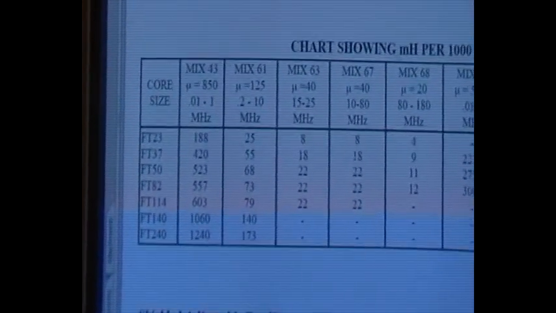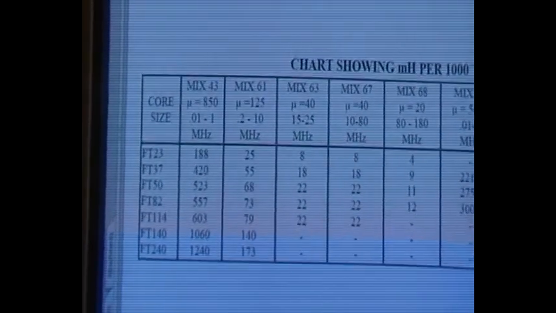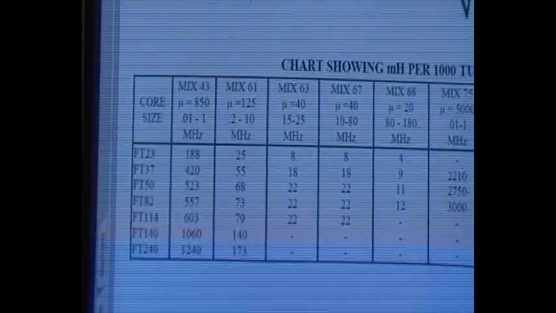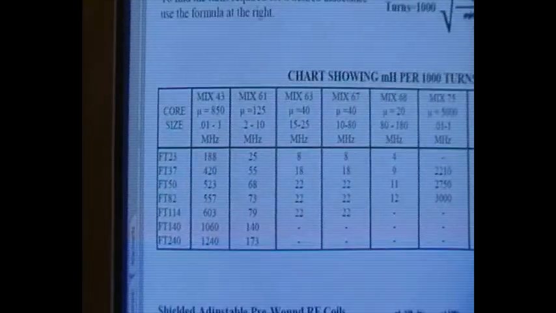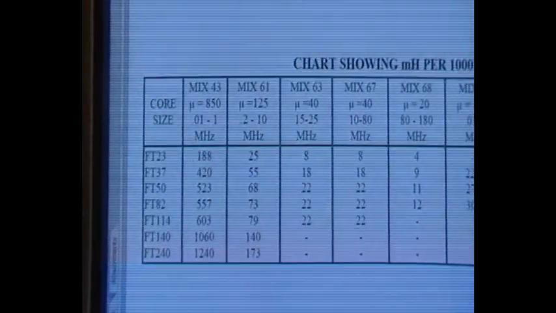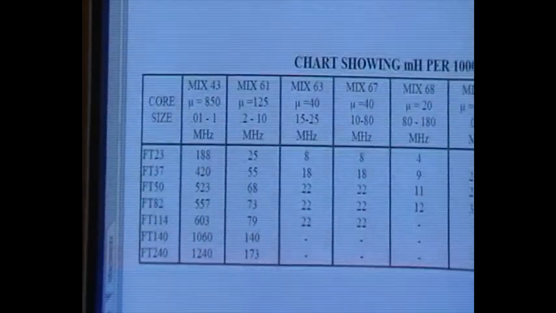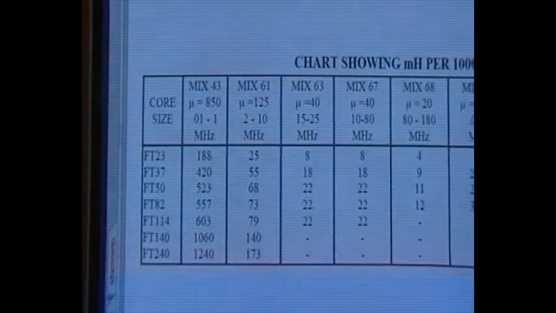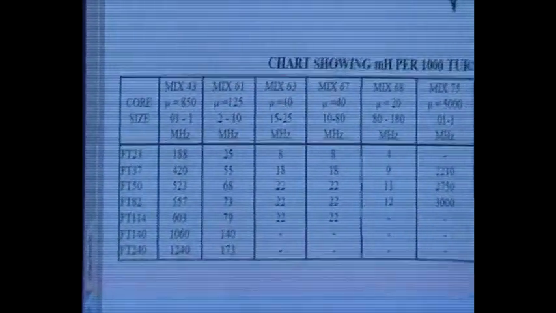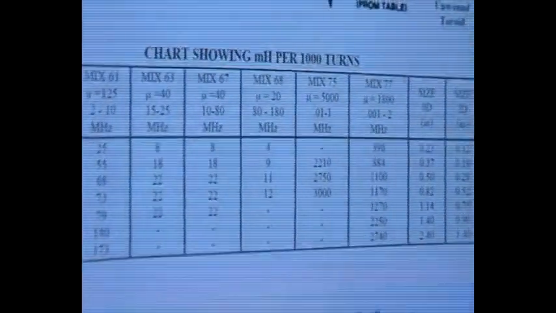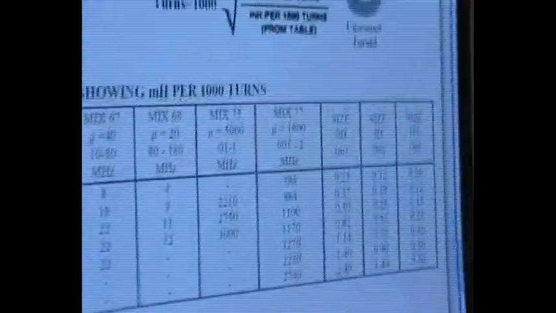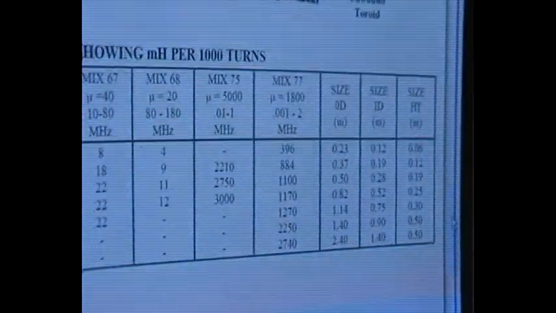So here's the sort of table that you're going to want to have a look at if you have a particular core and you're trying to figure out what it is, or if you want to design something and figure out what core you should be using. Over there on the left is the ferrite table, so the sizes on the left are for ferrite toroids, and going across are the materials and mixes that are available in this range, and on the far right are the actual dimensions of the core.